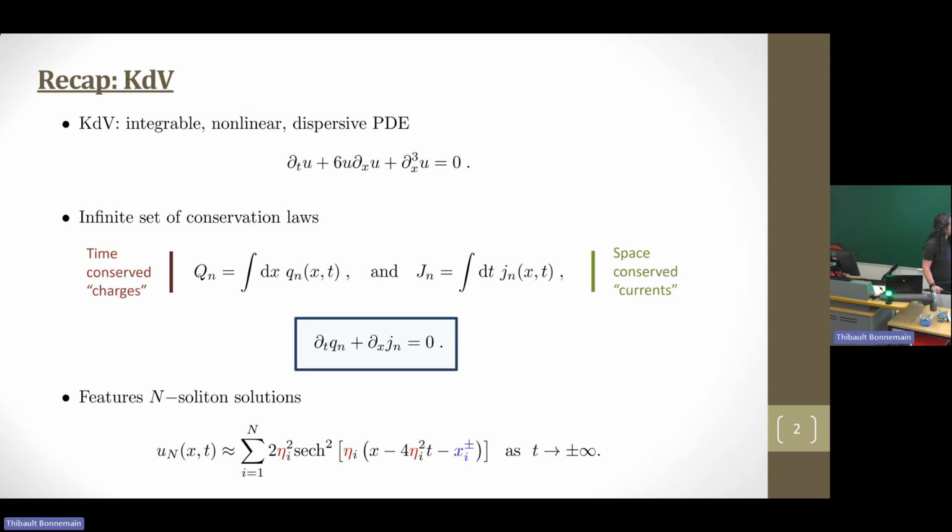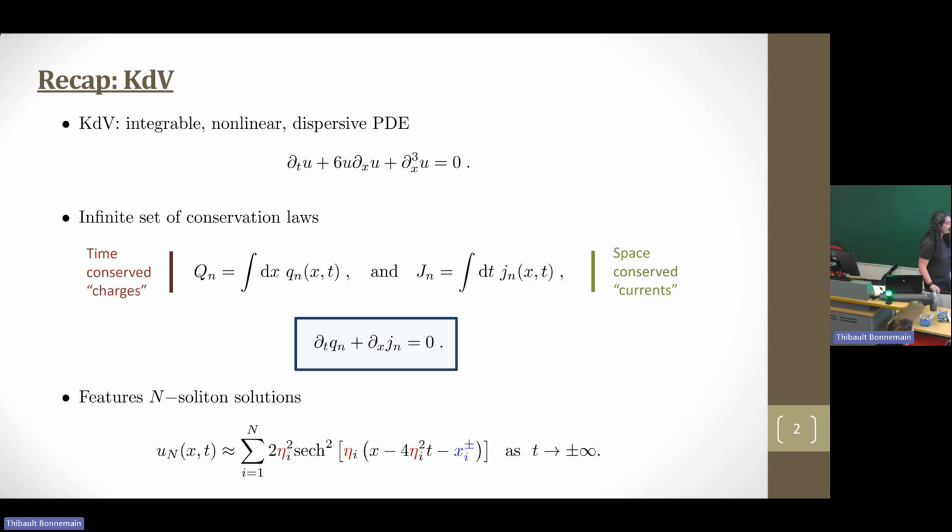On top of that, KdV also admits N-Soliton solutions, which asymptotically decompose into trains of well-separated solitons like that. All of these solitons are indexed by two parameters. The first one is the spectral parameter eta, which represents the amplitude and velocity of the soliton, and its impact parameter x plus-minus, which represents what position the soliton would have at t equals 0 if it did not interact with the others.